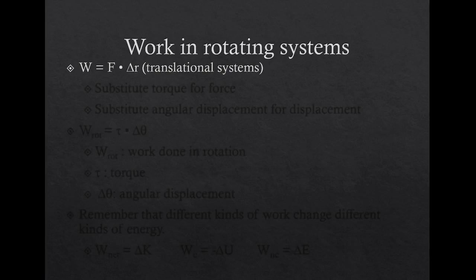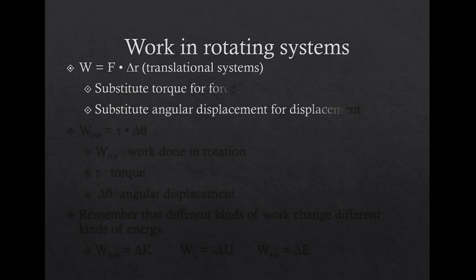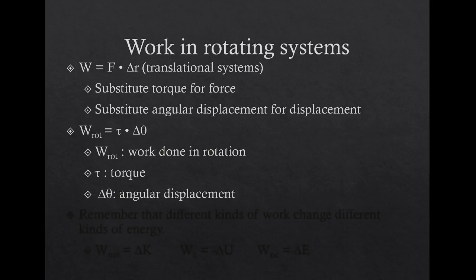Okay, now we can talk about work and power. So in a system that's translating, moving in a straight line, it's just force times displacement. And we're going to substitute torque and angular displacement, and we will get work in a rotational system is torque times angle.